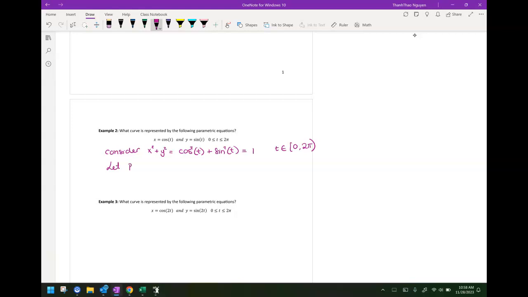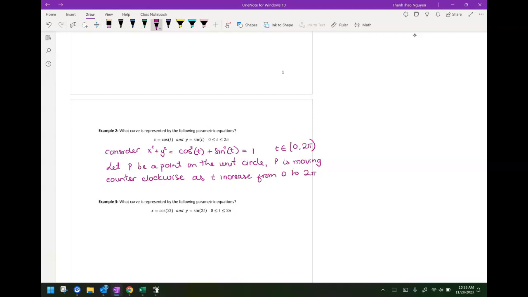So let P be a point on the unit circle. So P is moving counterclockwise as t increases from 0 to 2 pi.